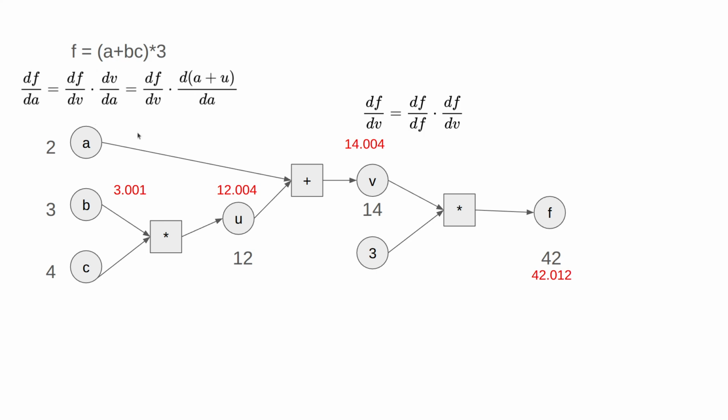Okay, and the second term will always be the output over input. Since v is the output of the function here, and A is the input of the function, the second term will always be the gradient, or the differentiation, of the function itself.